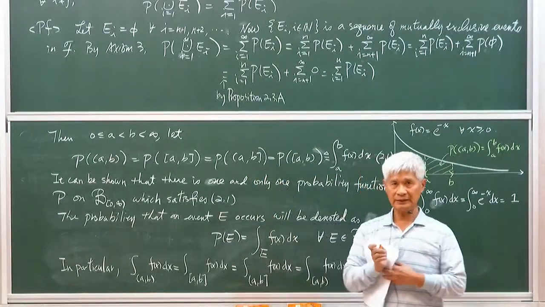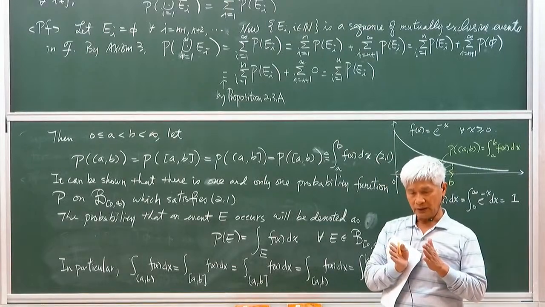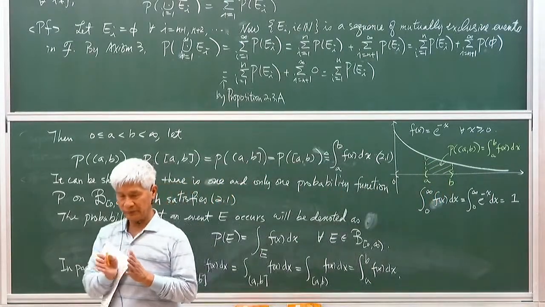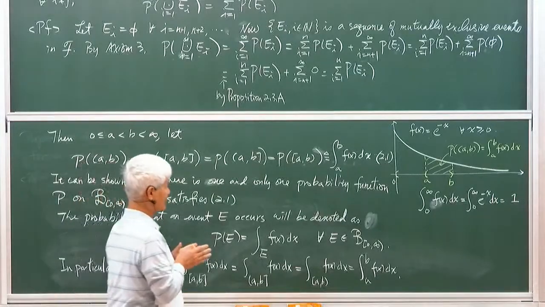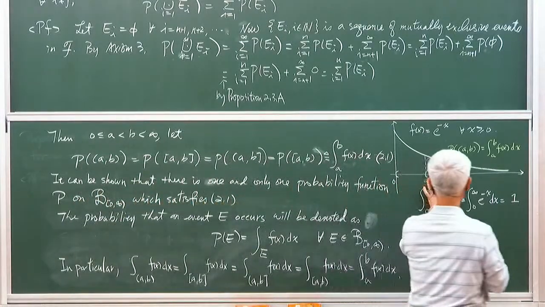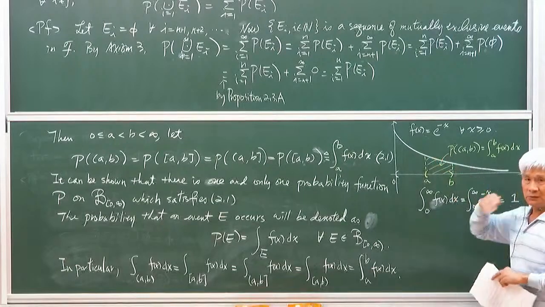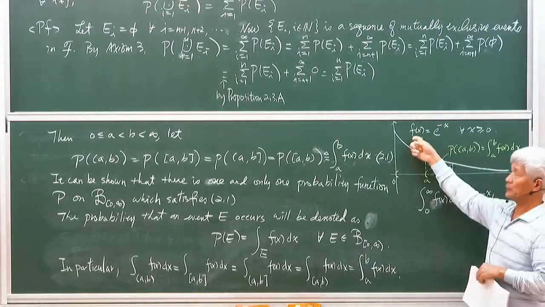So they know that if they make a light bulb, the lifetime of that light bulb lies between A and B, and they can calculate the probability as their quality control. Every year or maybe every season, the manufacturer will try to estimate their probability density function.